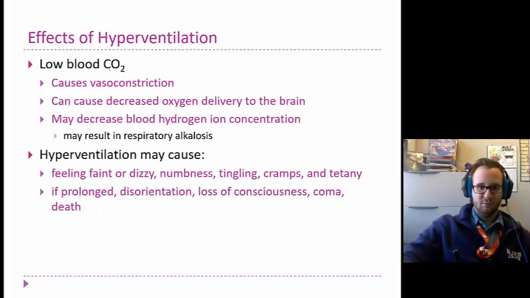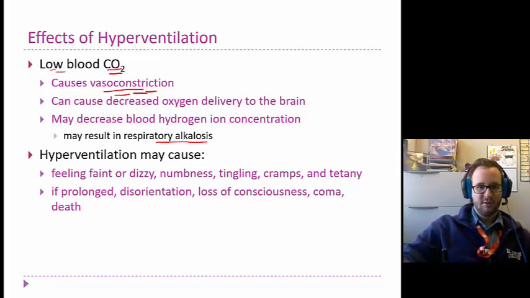And so whenever you have low blood CO2 levels, this will cause vasoconstriction. CO2 is a vasodilating chemical, sorry. And so if you have low levels, this will cause vasoconstriction. And so this could decrease oxygen delivery to the brain. It could make you faint.